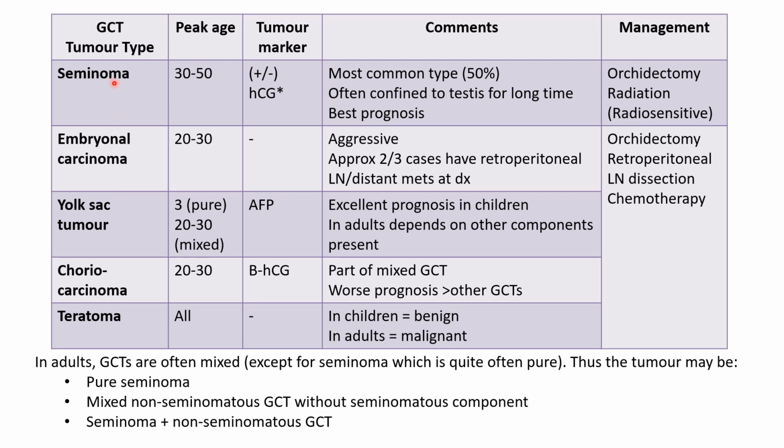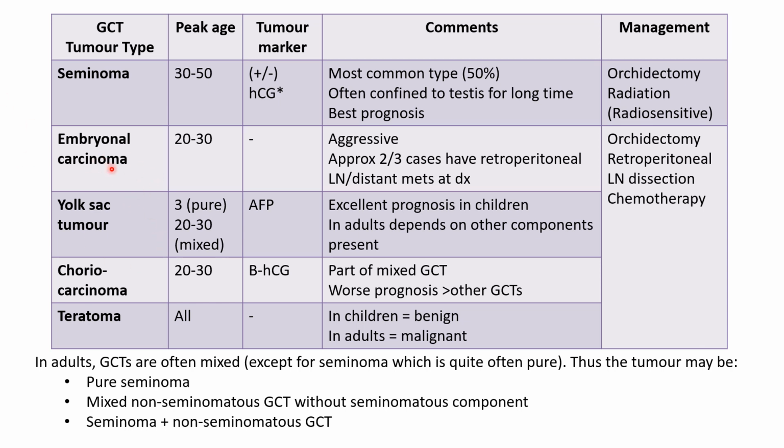So the tumor can be a pure seminoma, so the entire tumor is composed of seminoma, or it can be a mixed type. It can be seminoma plus a component of embryonal, or embryonal plus a component of yolk sac, or embryonal plus yolk sac, choriocarcinoma, teratoma. Any combination of that is called a mixed germ cell tumor. So often germ cell tumors occur as mixed forms rather than pure form.